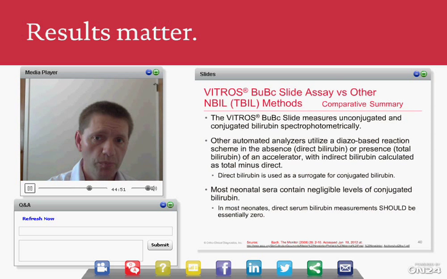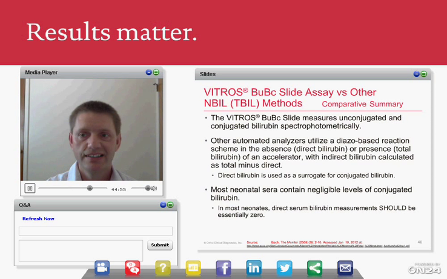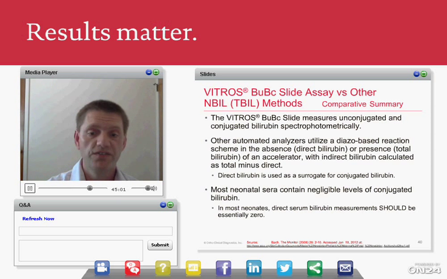A point that I should emphasize, and this is something that is sometimes an issue for clinicians to believe, is that the vast majority of neonatal sera don't have detectable levels of conjugated bilirubin. So a D-bill measurement in a neonate should be essentially zero the majority of the time.